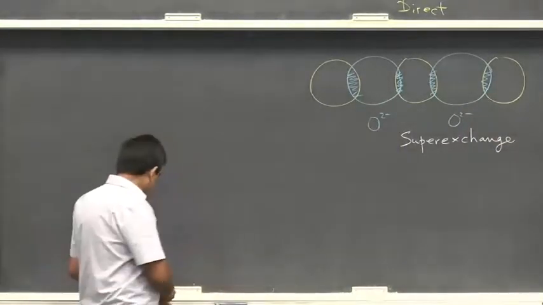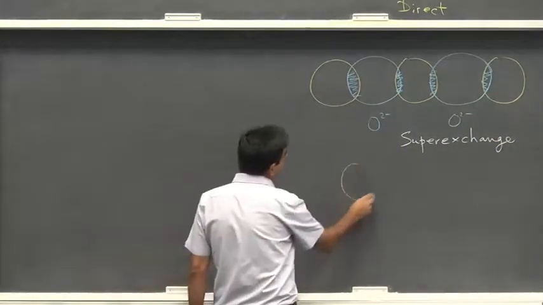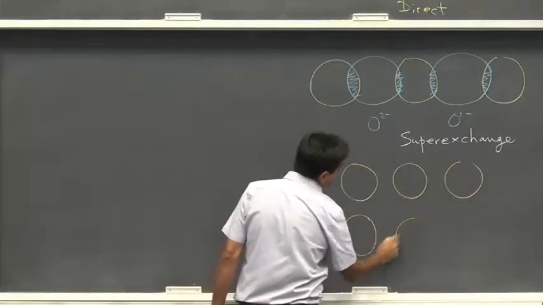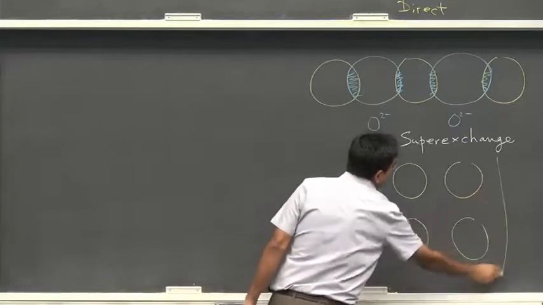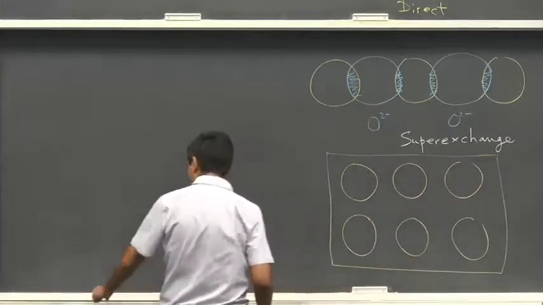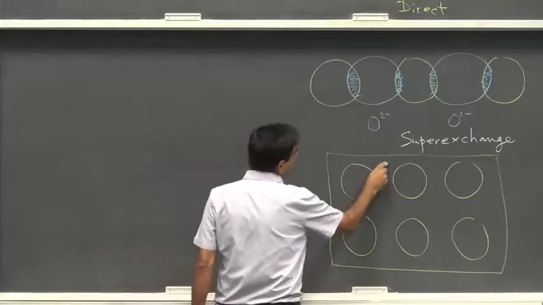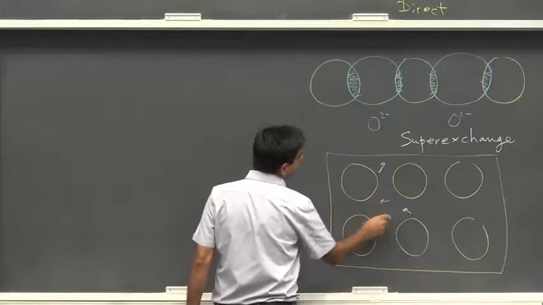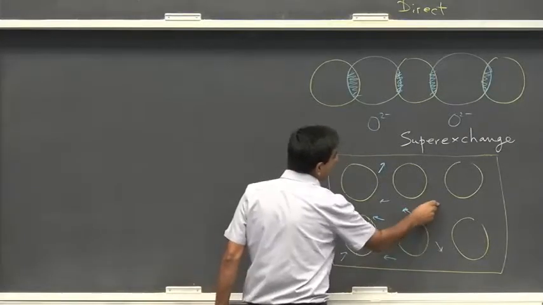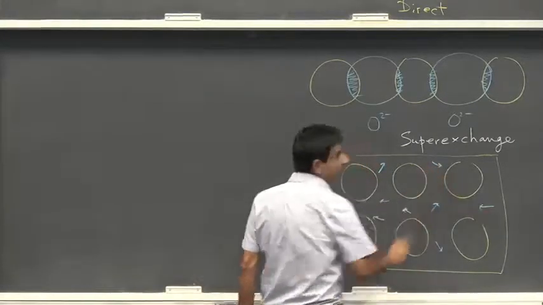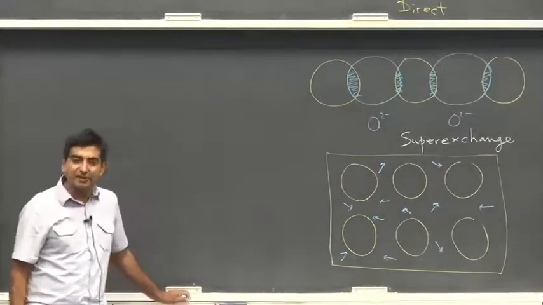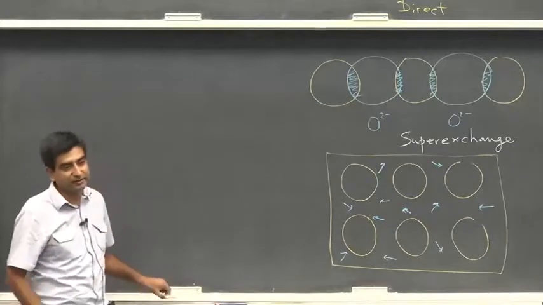We could also have the following possibility, that we have non-directly interacting magnetic species, and they are inside a metal. And we have these itinerant electrons, these free electrons, this sea of electrons that are mobile. And all of these are actually spins, these are magnetic moments. And the exchange interaction is mediated through these itinerant electrons, through these mobile electrons.